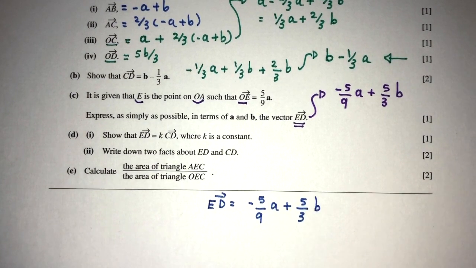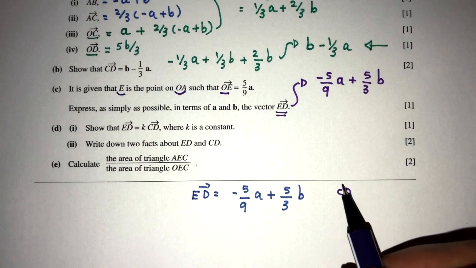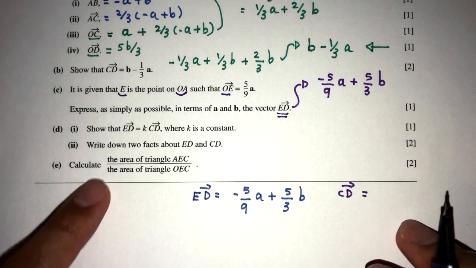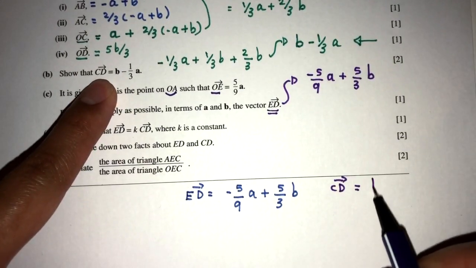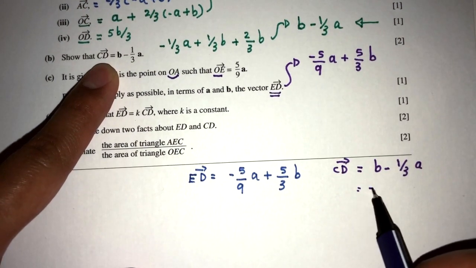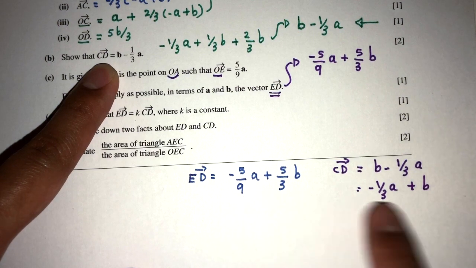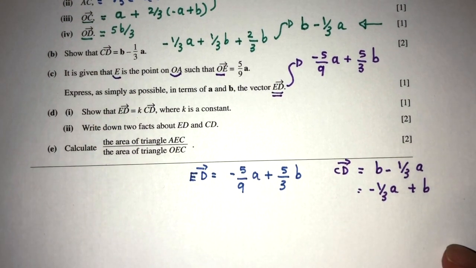Next, we have CD, which was found from this one, b minus 1 over 3a, or you can write this as minus 1 over 3a plus b. So they are kind of similar. We can compare them with each other.